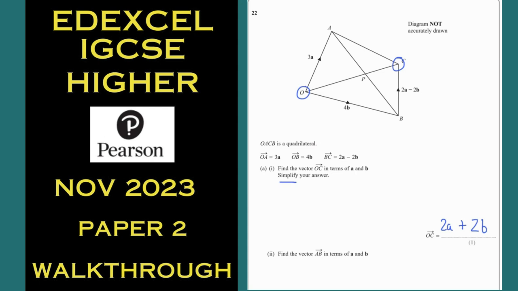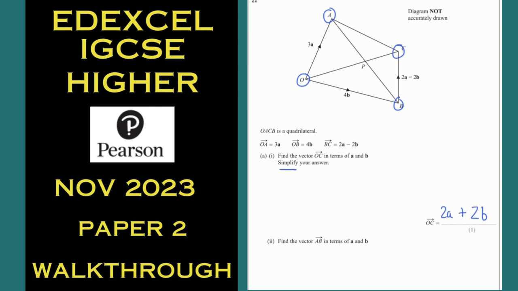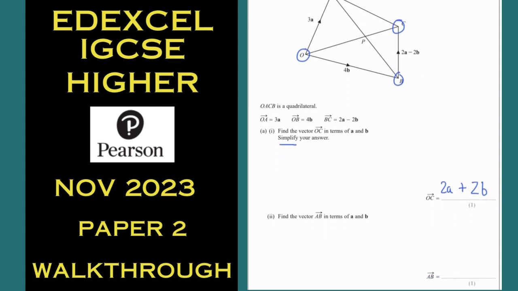So for the next bit, find how we get from A to B. So A in that corner, B there. We go against the 3A with the 4B. So in other words, positive 4B, negative 3A.